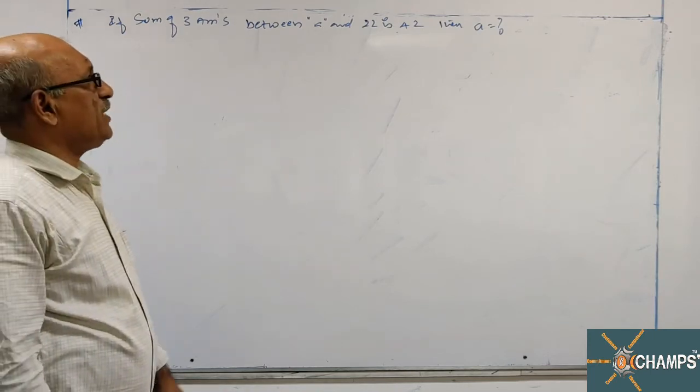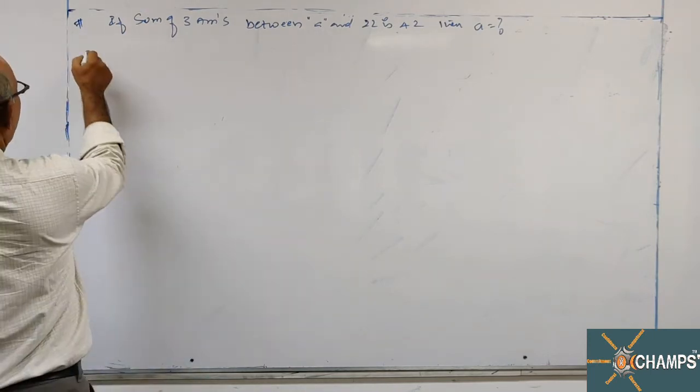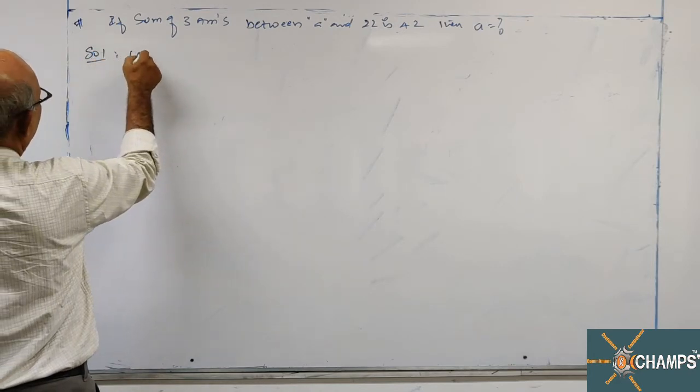Sum of 3 arithmetic means between A and 22. Let us see the solution.